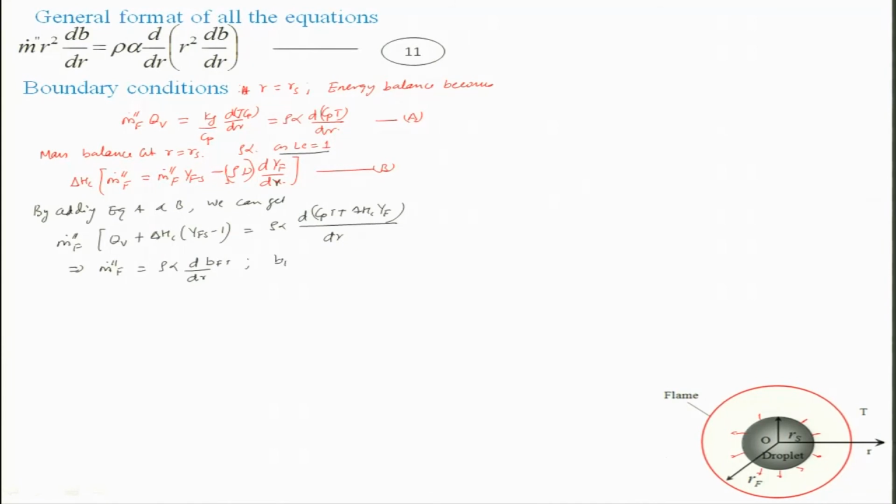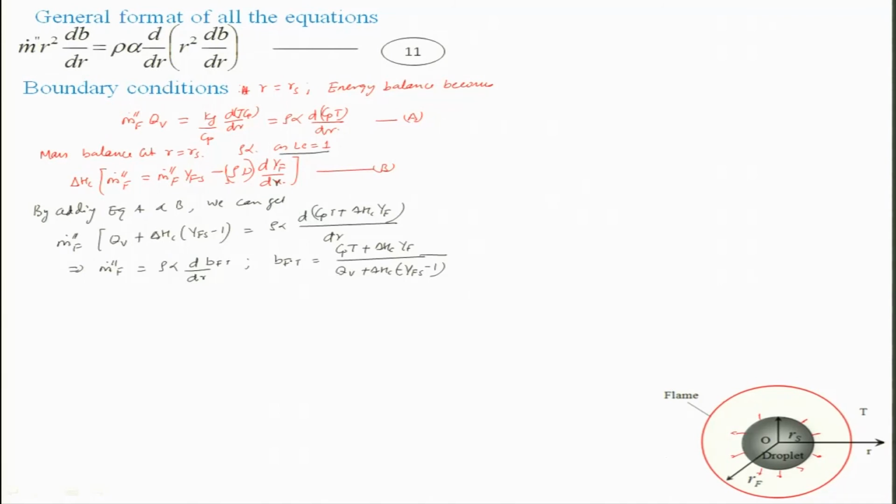Because bft is nothing but your Cp plus Cpt SCYF divided by QB delta SC YFS minus 1, right. So, it is coming in a similar way.